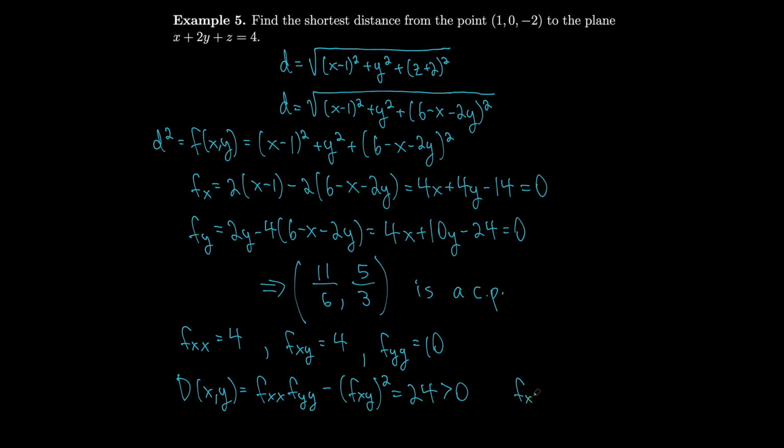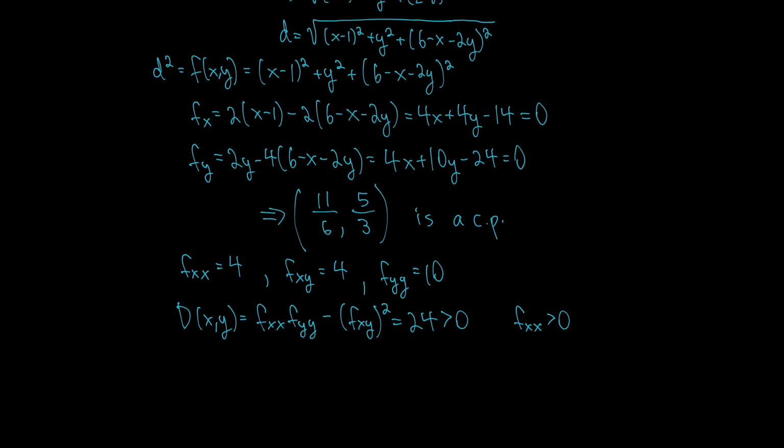We also have that our second partial is constant 4, which is positive. So that means that we have a local minimum. So f has a local min at the point (11 over 6, 5 over 3).